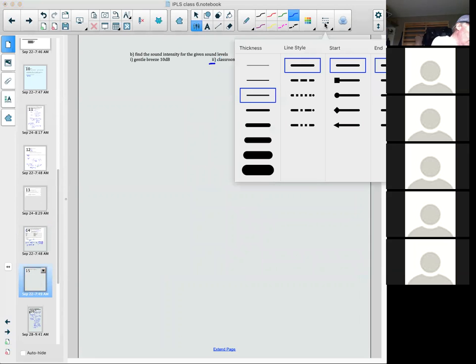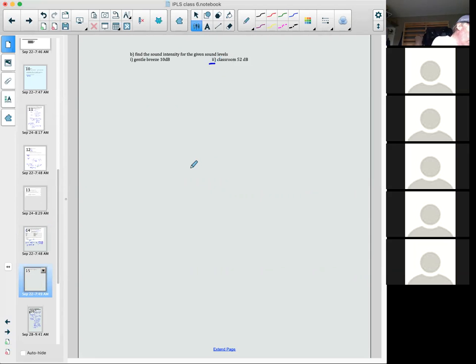Our task is to find the intensity. Here's the beta. The beta is given, and what we want is the intensity I in watts per square meter. So we start off with the relationship. The sound level is 52 in decibels.